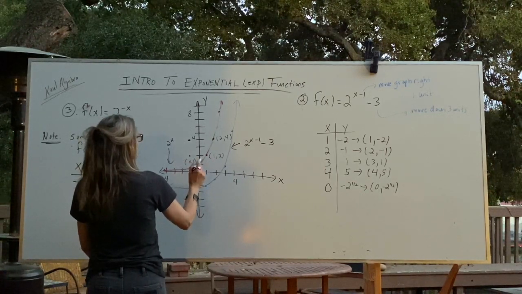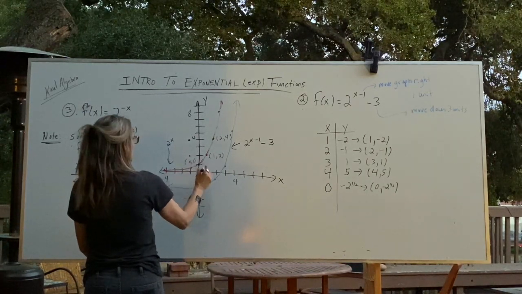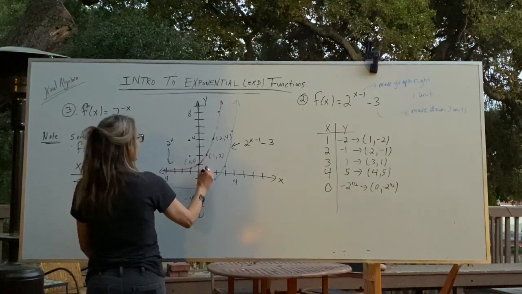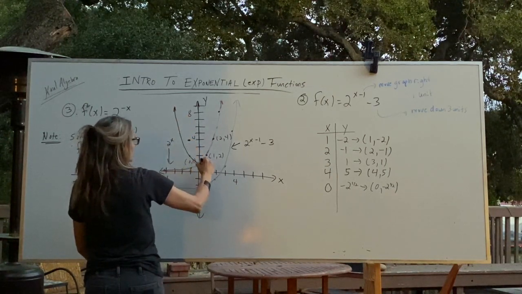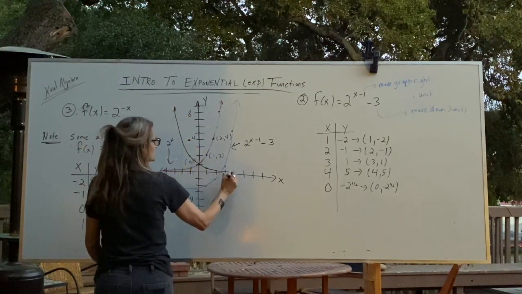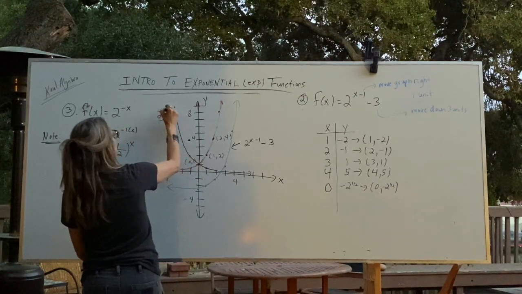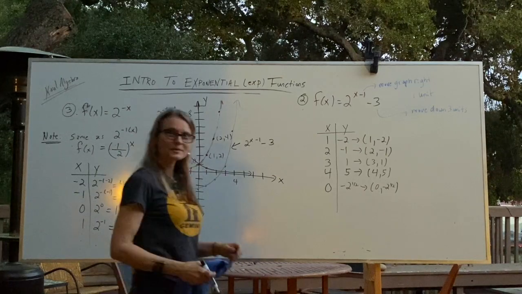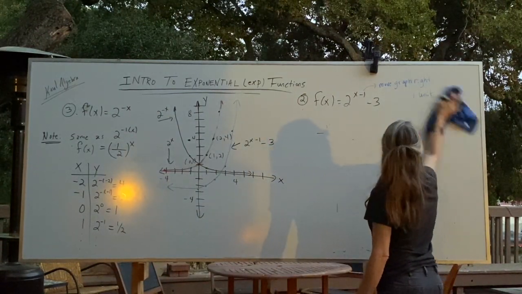I have 0, 1. Same point here. And then I have 1, 1/2. And you can see that it just goes this way. So this graph here is 2 to the negative x. And just one more variation here.